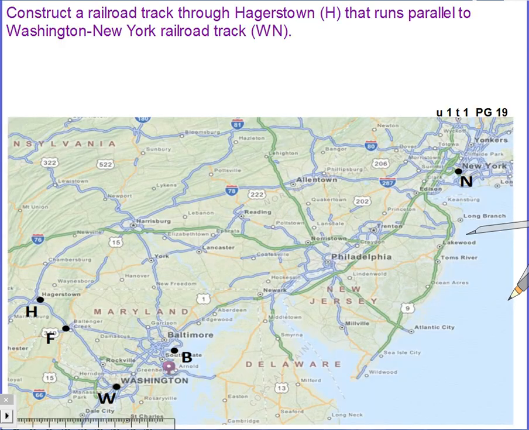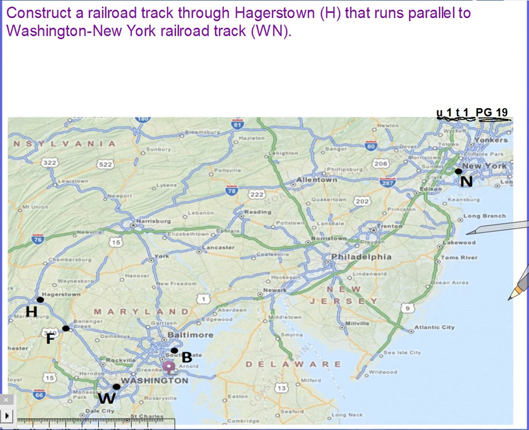Okay. Cool. So you guys have this on Unit 1, Topic 1 in that packet, page 19. Here we're supposed to construct a railroad track through Hagerstown. All right, so we need to find Hagerstown that runs parallel to Washington, New York Railroad Track, WN.